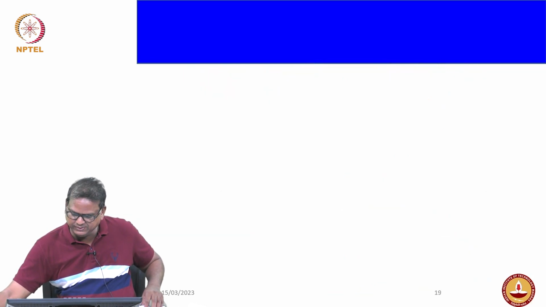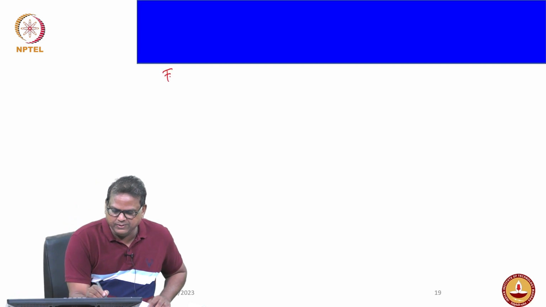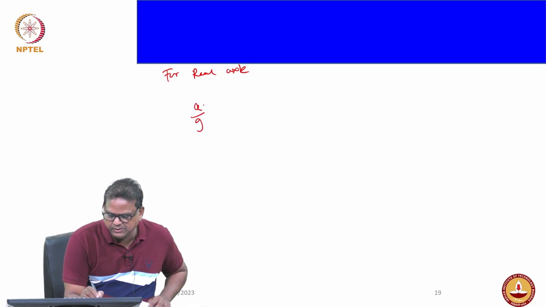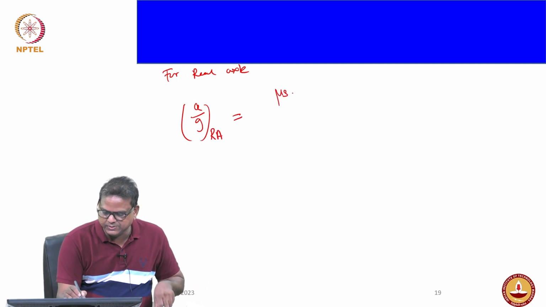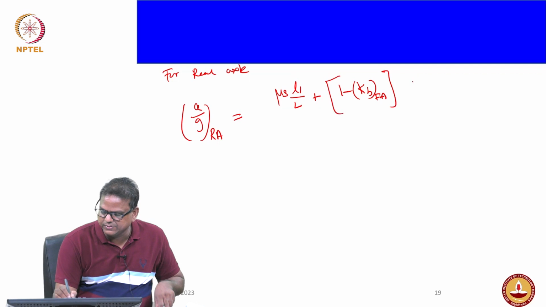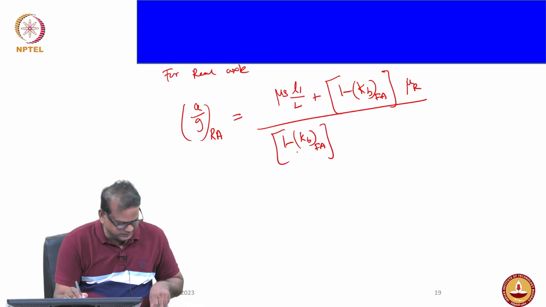This is for the front axle. Similarly, for the rear axle, A by G rear axle equals mu_s L1 by L plus 1 minus K_BF front axle, that gives mu R, divided by 1 minus K_BF front axle, again within the bracket.